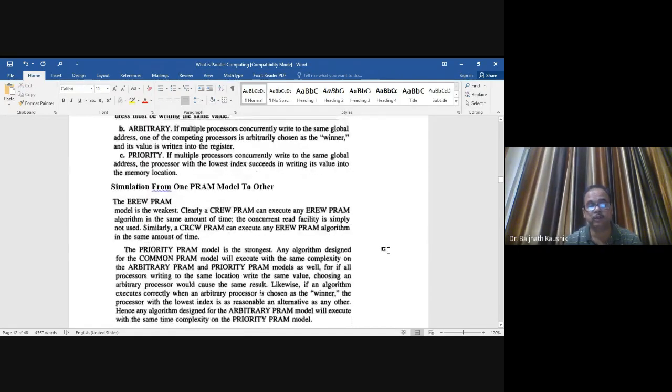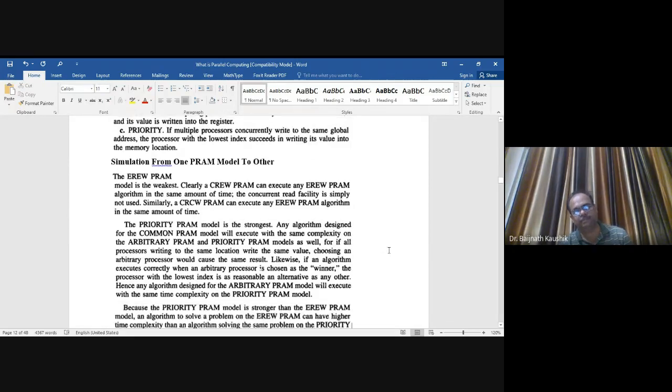We also covered how we can execute an algorithm designed for one PRAM model on another PRAM model, and if we use the facility of the other PRAM model, then the time complexity will be lesser. Otherwise, the time complexity will be the same.